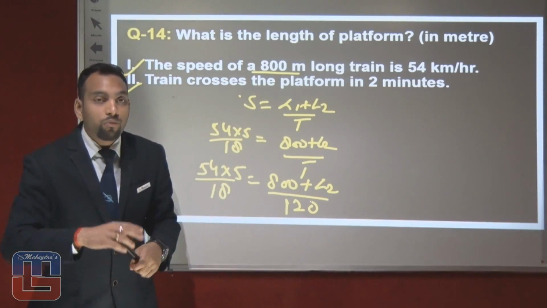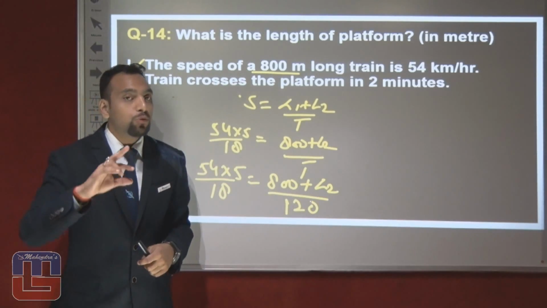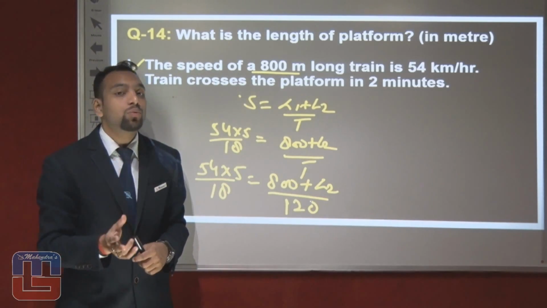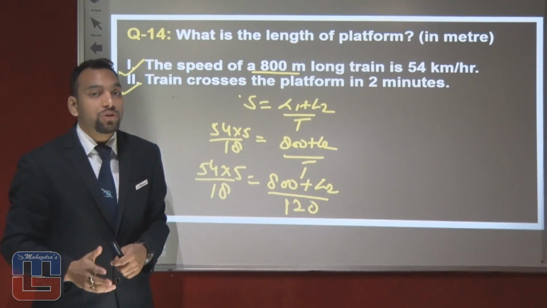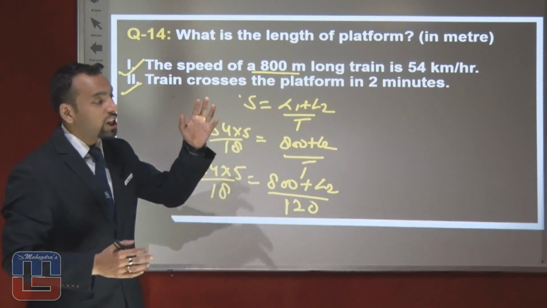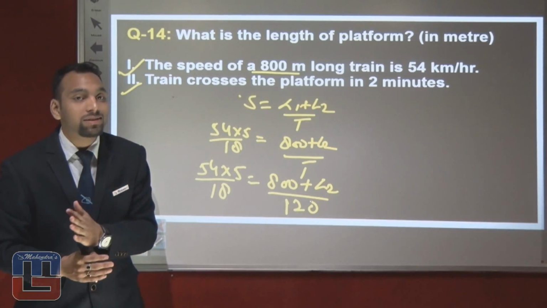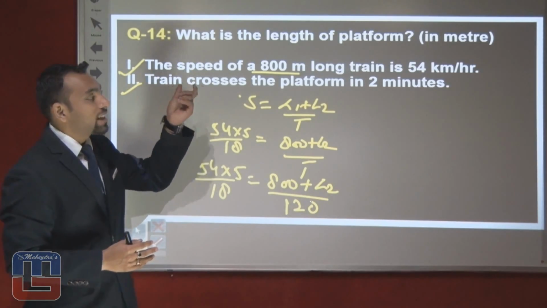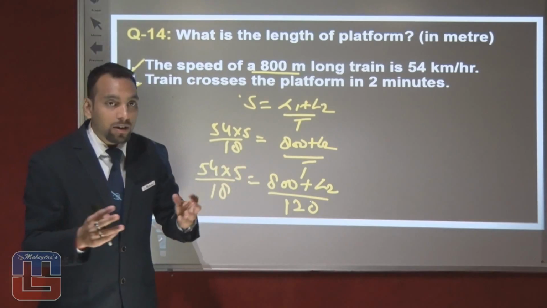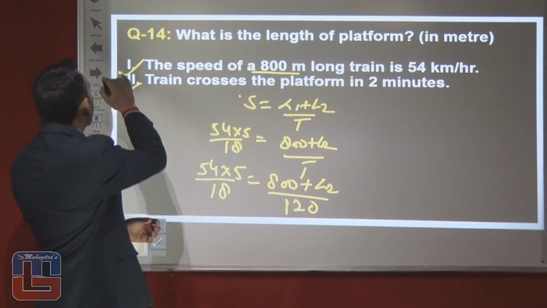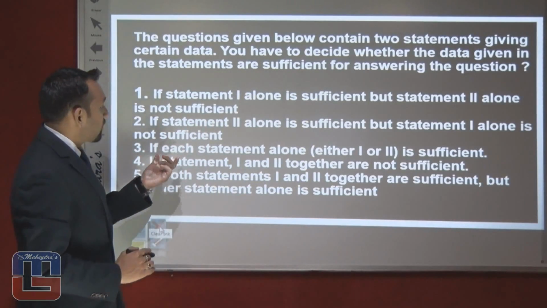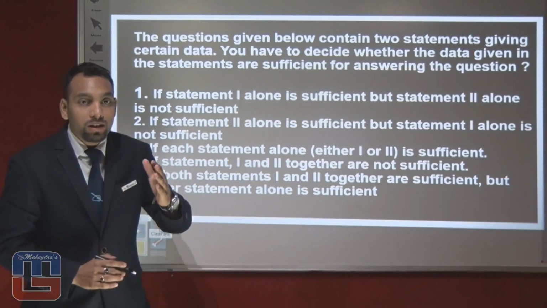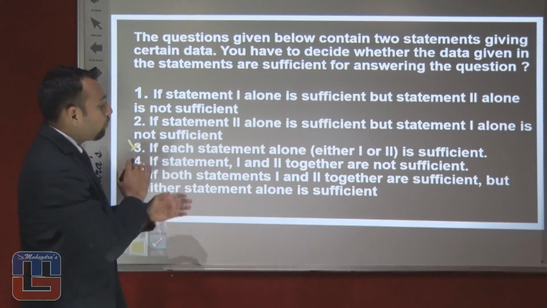So all things we get from these two statements. Basically, you have to check which statements are sufficient. If you read the first statement, it is not sufficient to give the answer, but if you take the second statement as well, with both statements combined, we can go by this option. Now see the options.